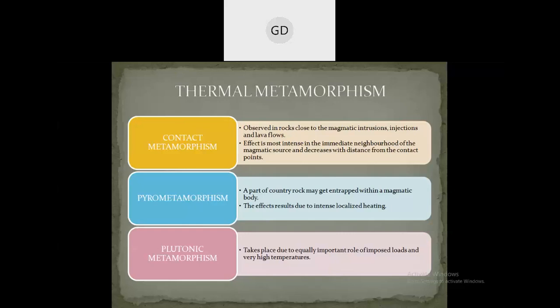The part of the country rock means the rock from its native place. So a part of the country rock may get entrapped within a magmatic body, and the effect results from some intense localized heating. Heating is happening there, so melting is also happening there.